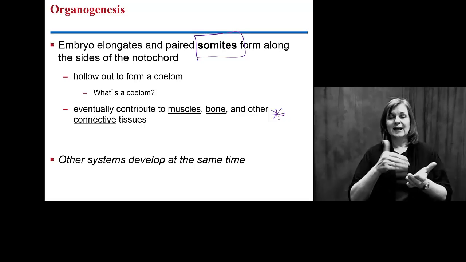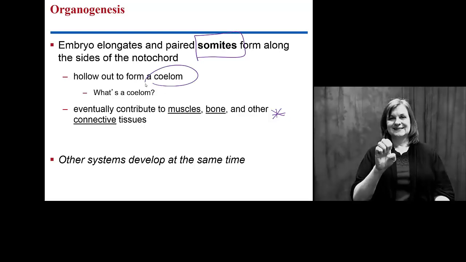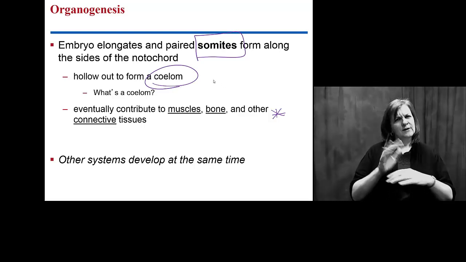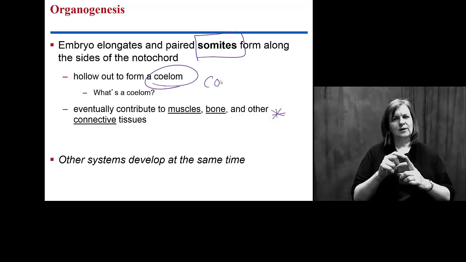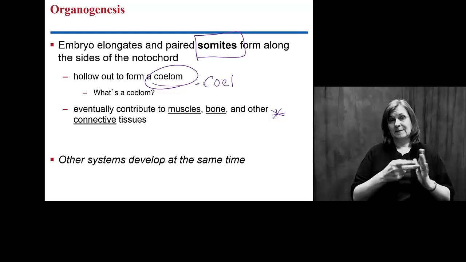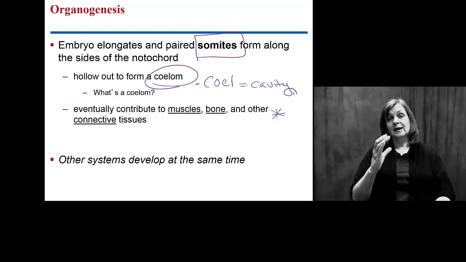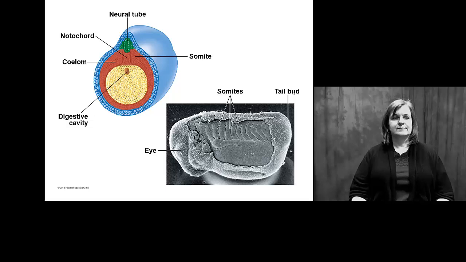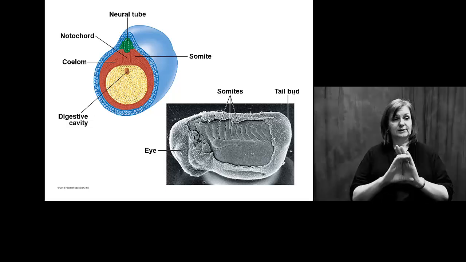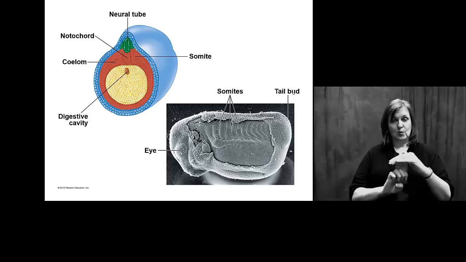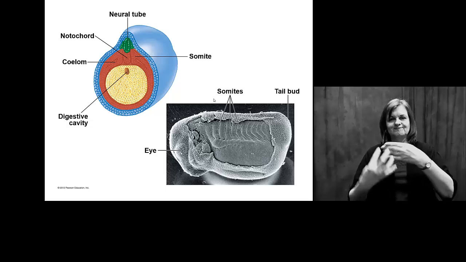Now, this is going to form again through something known as a coelom. In a previous session, we saw "seal," which we said meant cavity. So a coelom is just a cavity. Here you see in a developing embryo the placement of the somites.